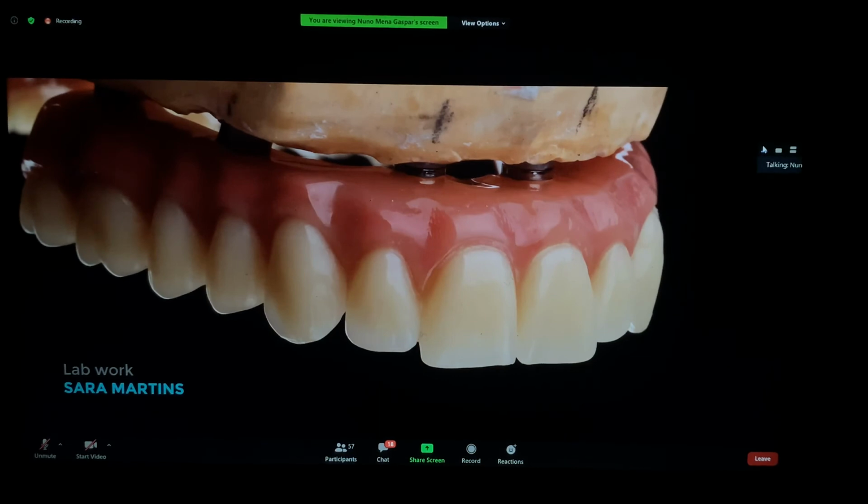If you have bone available in those 3 areas, you can opt to do 6 axial implants. But if you don't have enough bone in the posterior maxilla, you will have to do a shorter prosthesis, place tilted implants, or do grafts.